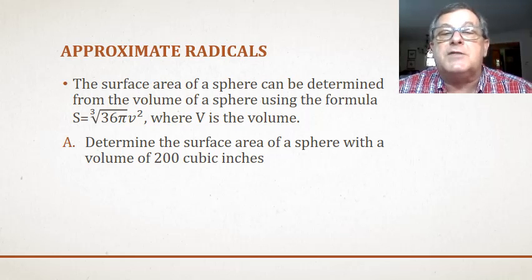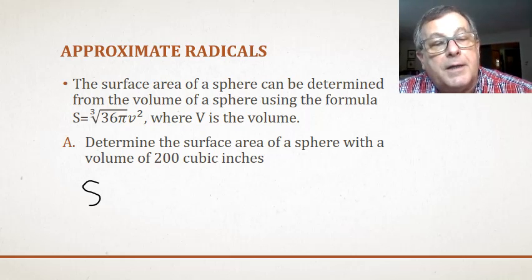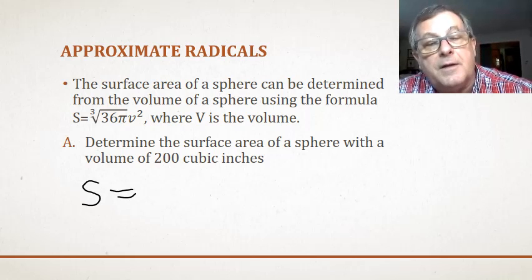The surface area of a sphere can be determined from the volume of a sphere using the formula S equals the cube root of 36 pi V squared, where V is the volume, S is the surface area. And we're asked to determine the surface area of a sphere with a volume of 200 cubic inches. So we're just going to plug in what we got. S is what we're trying to find, the surface area.